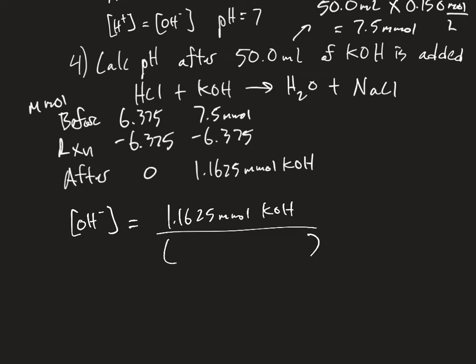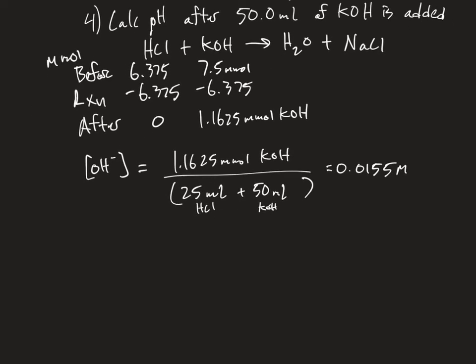Total solution volume now: remember the original 25 milliliters of HCl, and we added 50 milliliters of KOH. So that'll be our new molarity, and that is going to be 0.0155 molar.